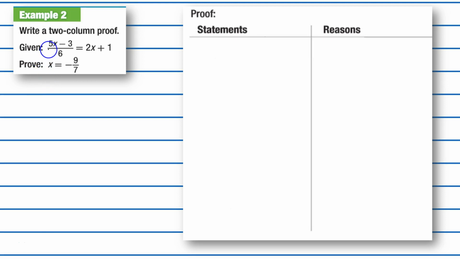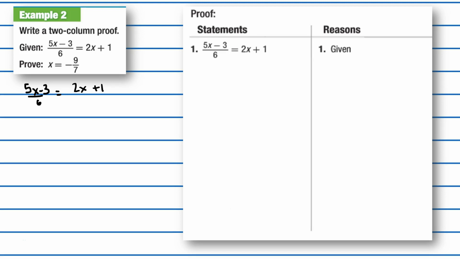So we are given that (5x minus 3) divided by 6 is equal to 2x plus 1, and we want to prove that x is equal to negative 9 divided by 7. If you're just solving it normally, the first step we would do is to write what we're given.